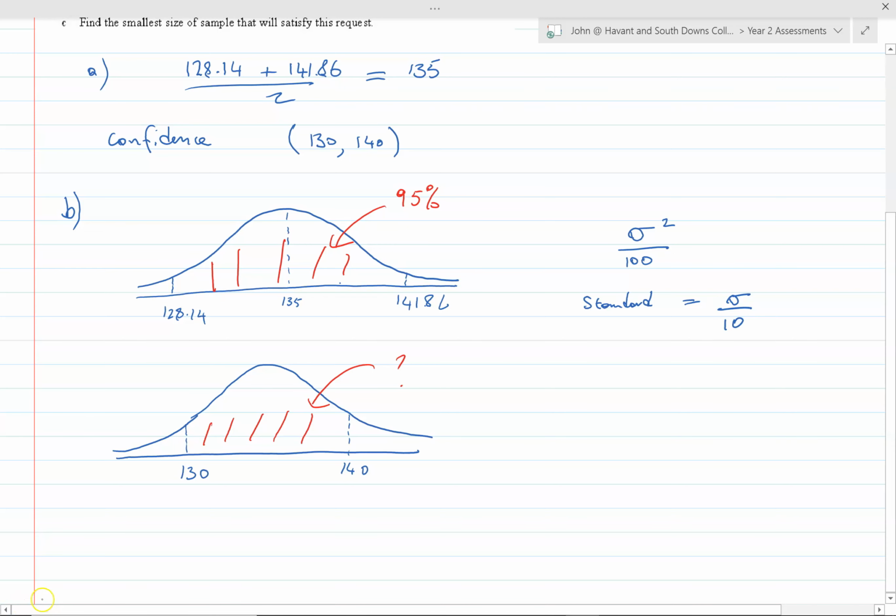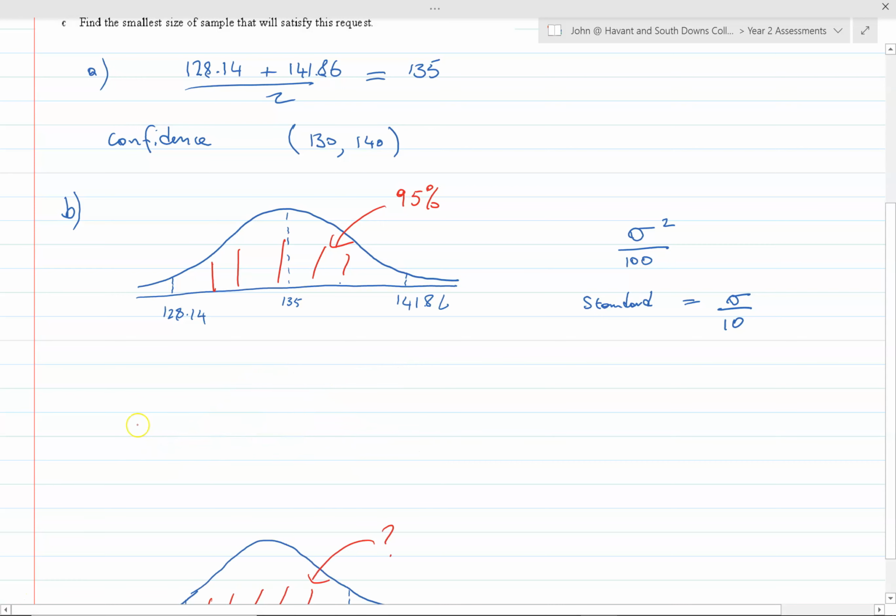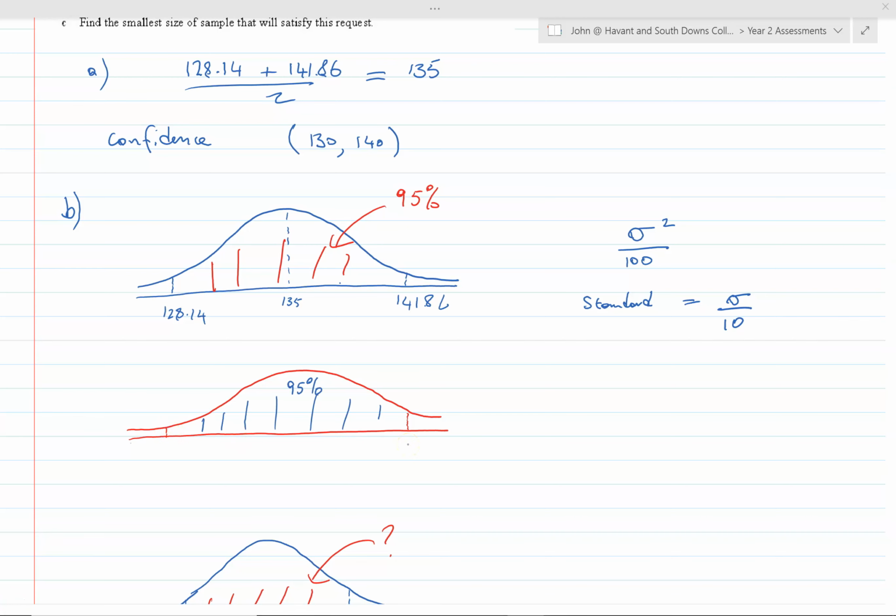Right, what I'm going to do is compare it to the Z distribution. I kind of scale it. They're obviously not the same scale, but if I kind of draw the Z distribution below, such that we have 95%, I can easily get this number here as 1.96, and this number here is minus 1.96. Again, we can either use the tables or the calculator to get that number.